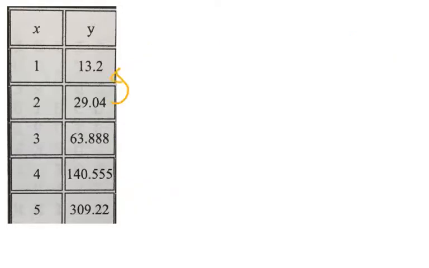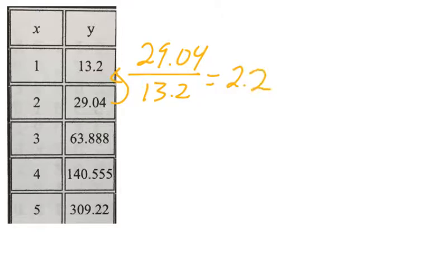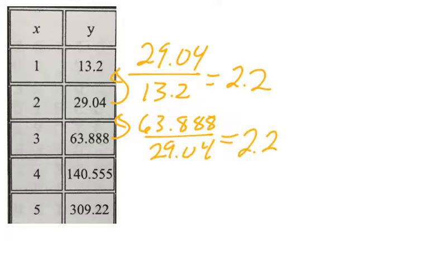So now if we divide 29.04 divided by 13.2, we get 2.2. If we do 63.888 divided by 29.04, we get 2.2.